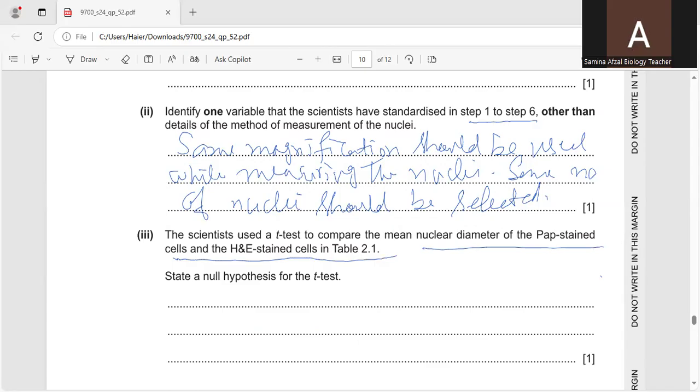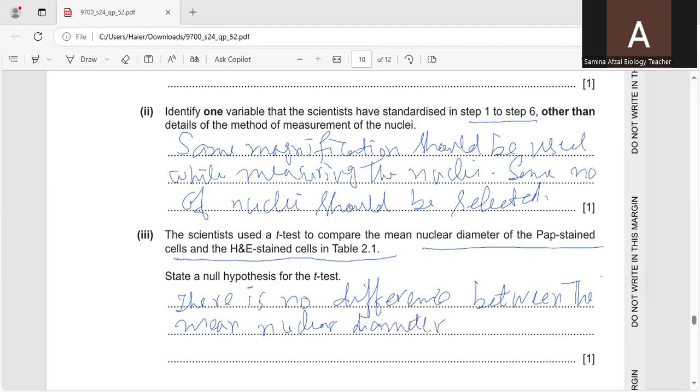And the null hypothesis, if we can make this hypothesis in this way, there is no difference between the mean nuclear diameter of the pap stained cells and H and E stained cells.